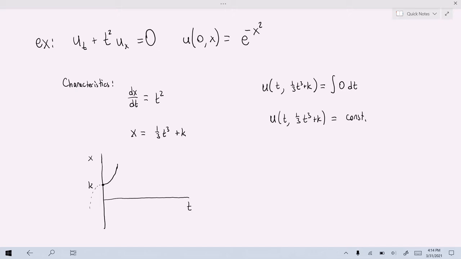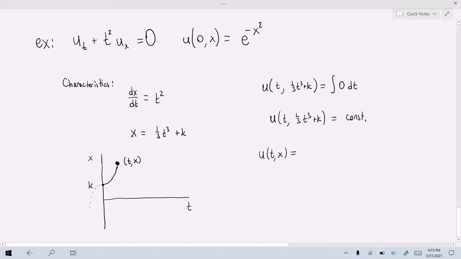So now to get an expression for u at any point (t,x), imagine having a point (t,x) in the plane. And again, you want to examine the characteristic that passes through that point. Now, along any characteristic, our function u is constant, meaning that u evaluated at the point (t,x) is the same as u evaluated at any other point along the characteristic.